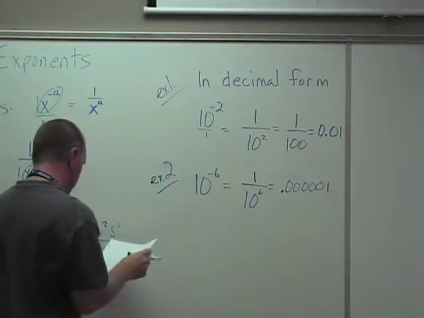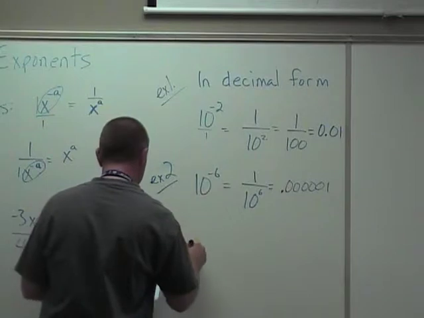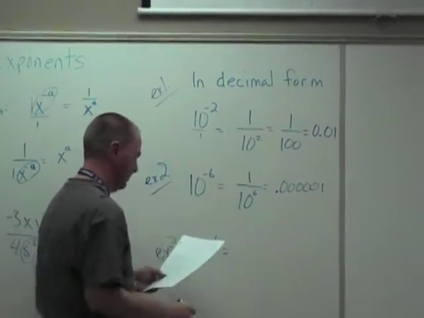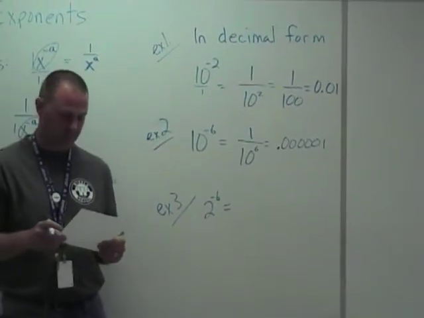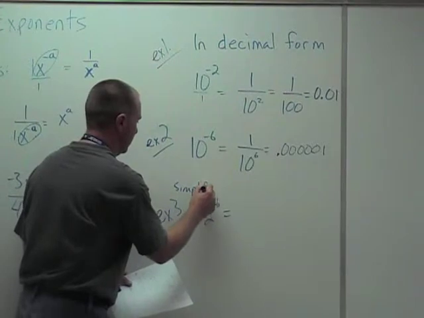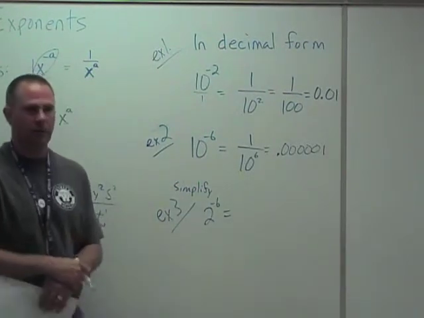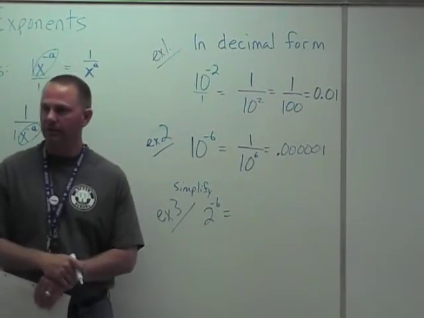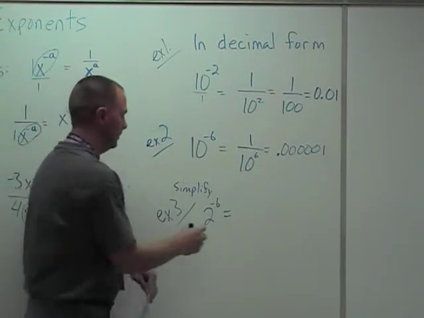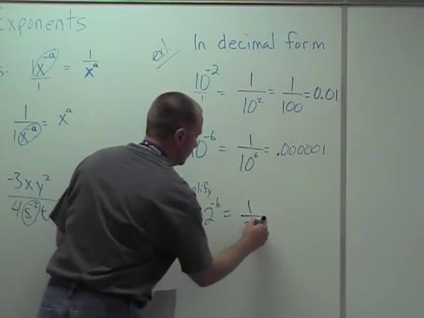All right, example 3. 2 to the negative 6. This one I just want you to simplify. What's it going to look like? 1 over 2 to the 6th.